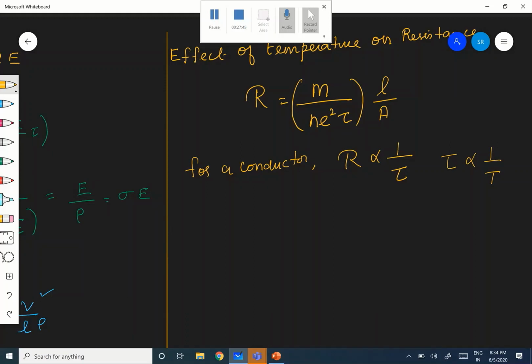The more the temperature, the more the collisions, therefore the less the time interval between collisions. Therefore, R is proportional to T for conductors, correct? For conductors. Okay.